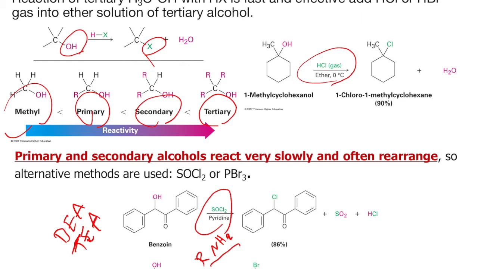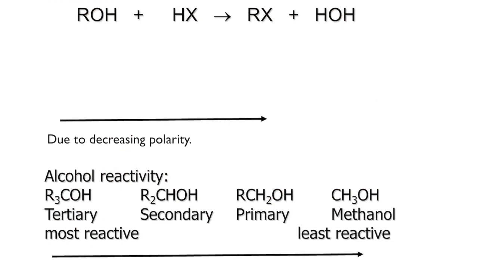As long as we have an organic base, we can convert the OH from a bad leaving group to chloride, a good leaving group. Basic representation: ROH plus HX becomes RX with H2O.